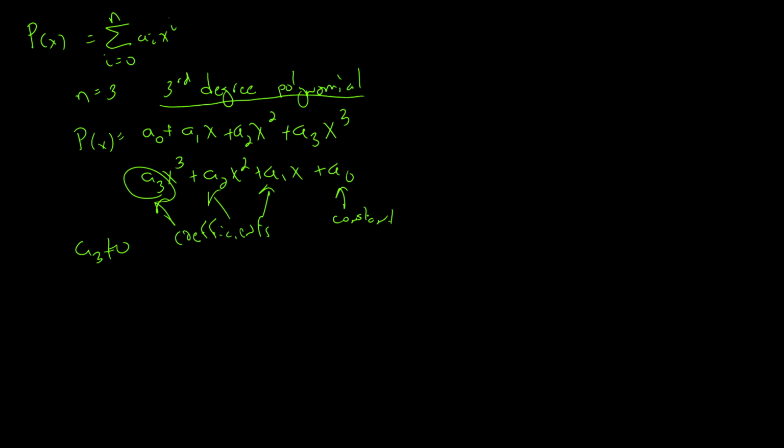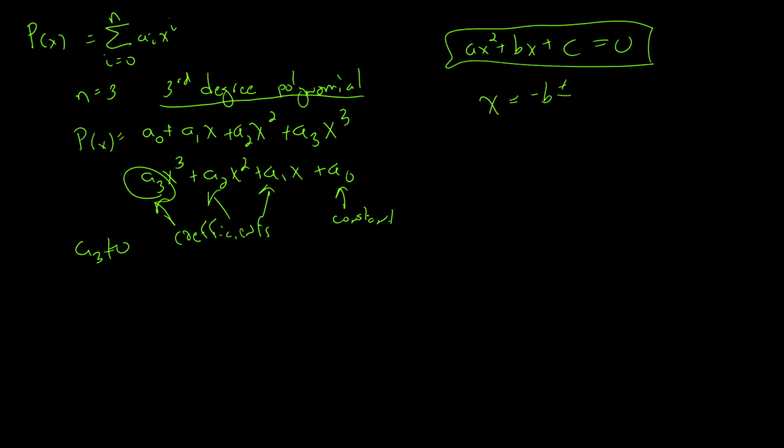And so we spent a lot of work on quadratics, because in the quadratic form we have a compact way of stating the answer using the quadratic formula. And we could factor and manipulate.